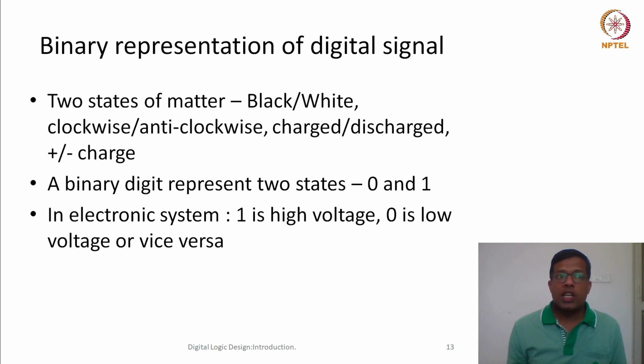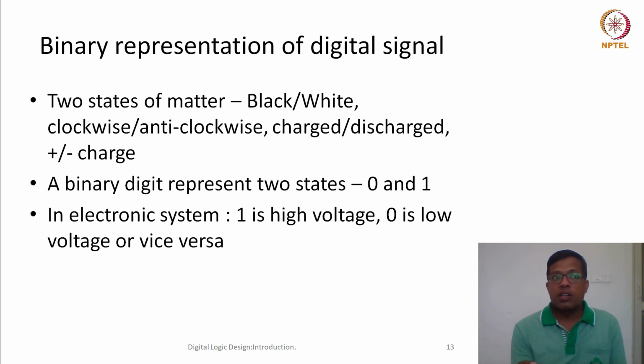This two-state classification is the easiest way to classify things, and we can broadly classify anything into two classes. From there we can see that if we can represent all of these states using two states, we can call it binary.